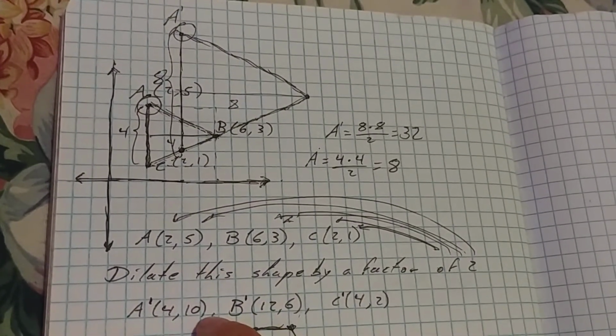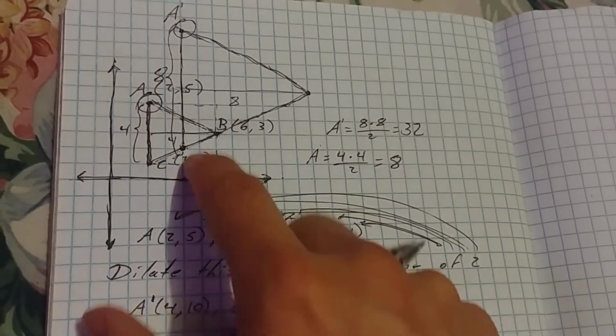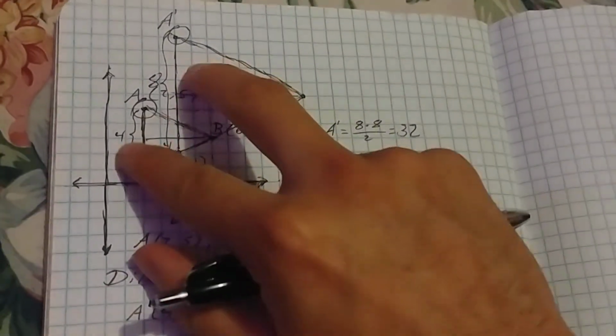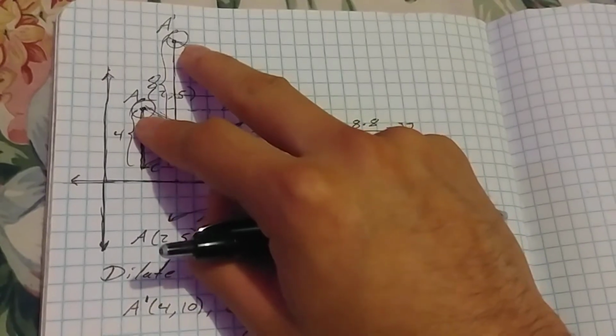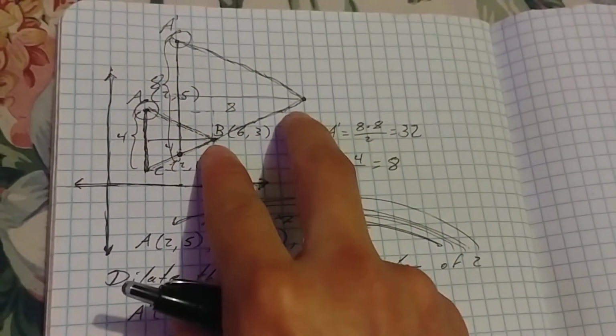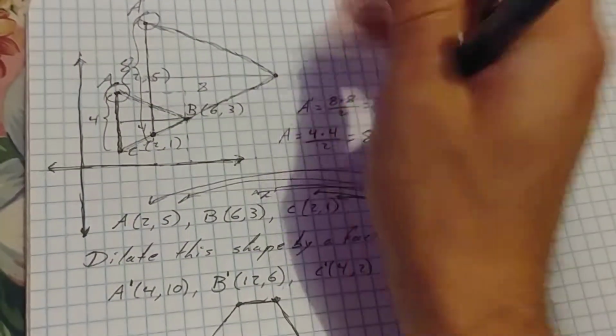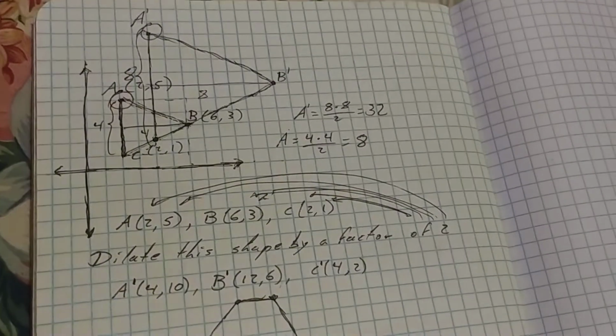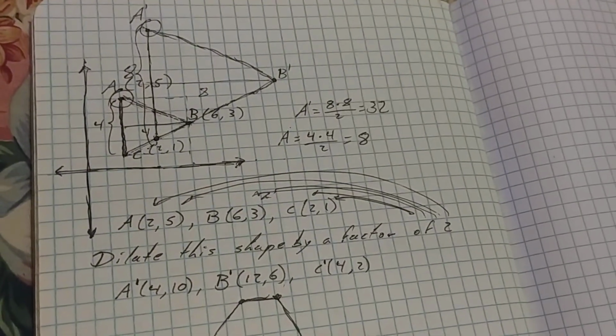But again, you can find the coordinates of each vertex and then compare them. Remember, they have to be corresponding vertices: A to A prime, C to C prime, and B to B prime.